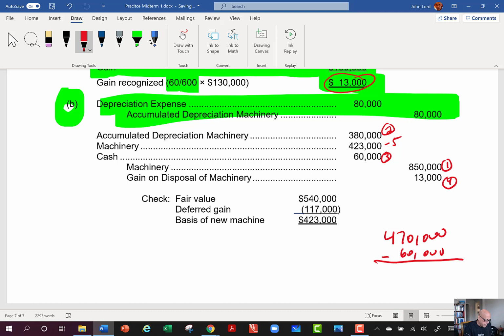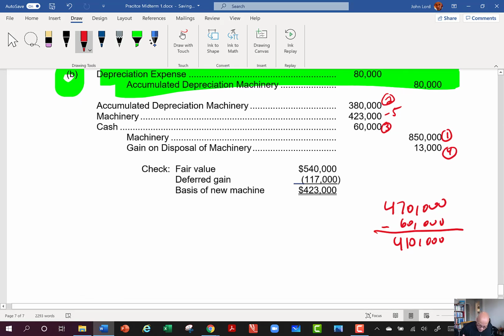Of course, I can write that down, is 410,000. So net book value, what I gave up, because I gave up an asset worth 470, but I took back an asset of cash of 60. Net, I gave up only 410.